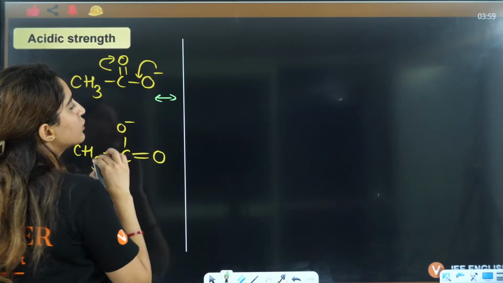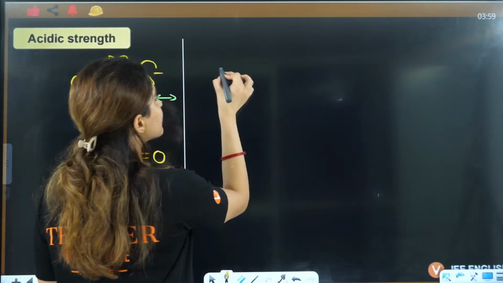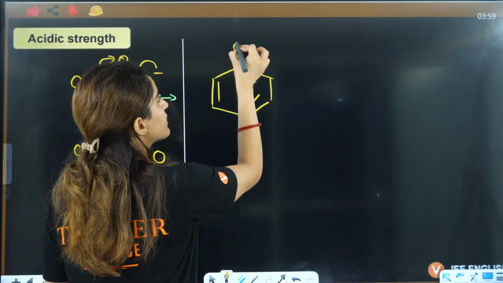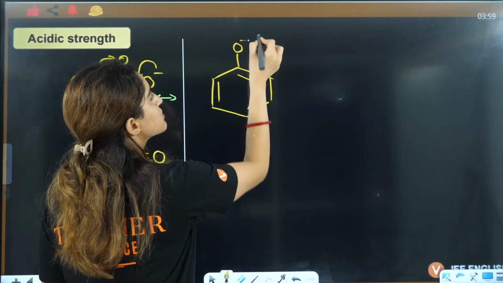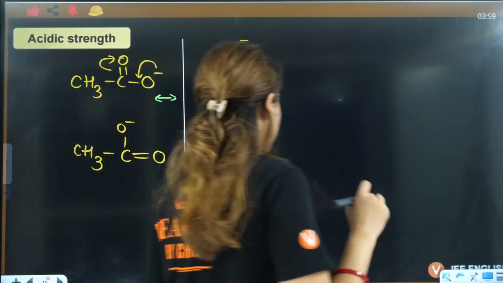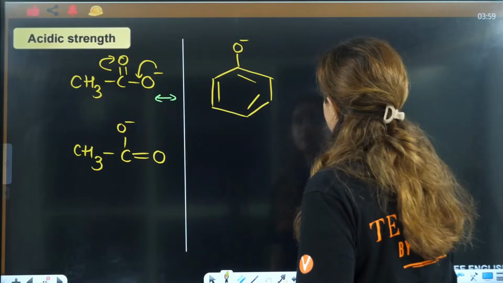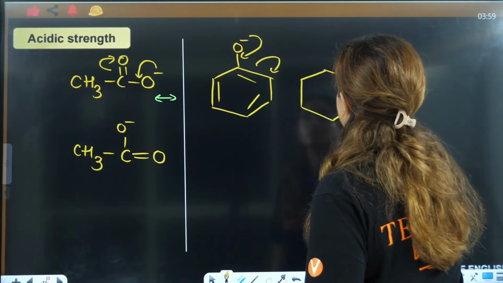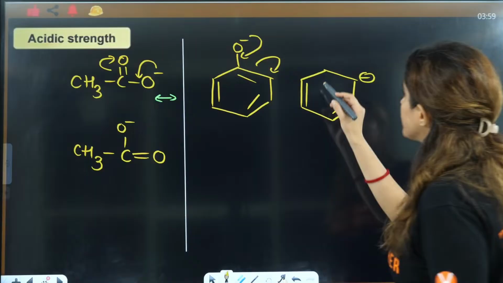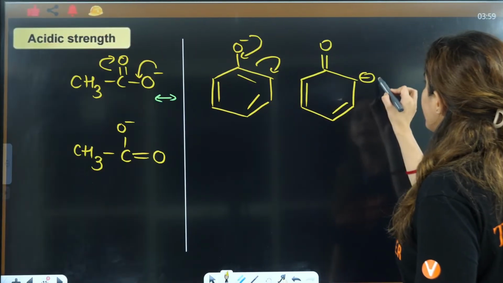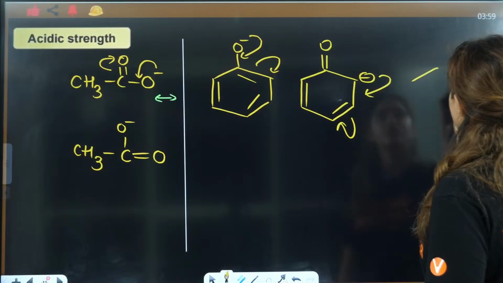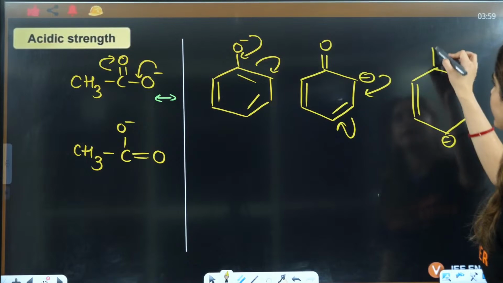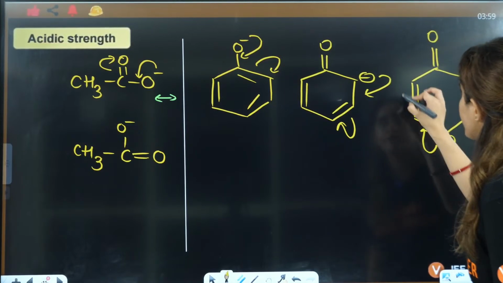So, these are the 2 resonating structures. Now, let's see when phenol loses a hydrogen, the phenoxide ion is formed. Now, this also shows a great amount of resonance. If you see, there is a negative here, this is a double bond to O, then this bond will shift here, this bond will shift here, and this beautiful resonance is shown by this phenoxide ion.